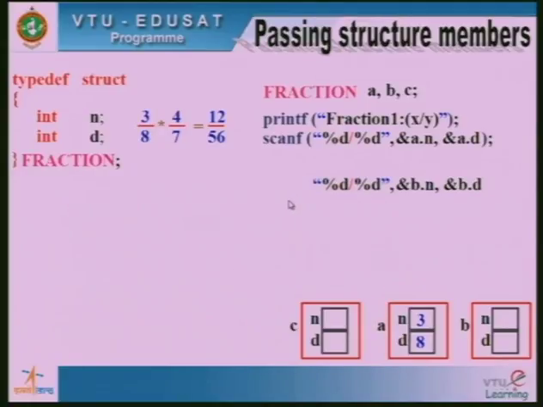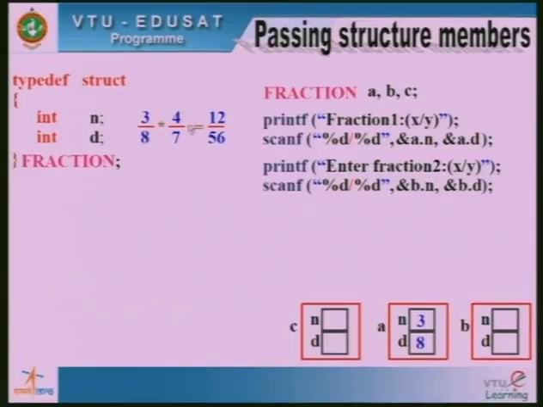Again we use which function? Scanf. Normally before scanf, what do we write? Printf. So, I write printf, enter the fraction 2. Now, if I execute these two statements and enter 4 divided by 7, what will happen? That 4 divided by 7 will be copied into b dot n and b dot d.